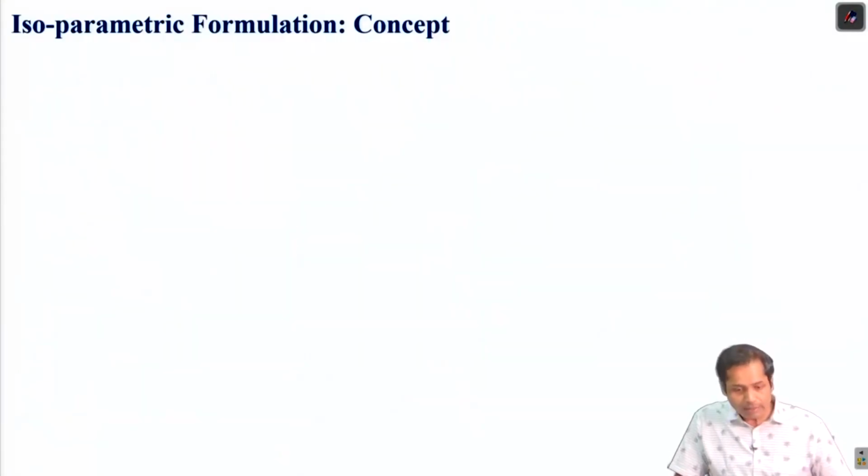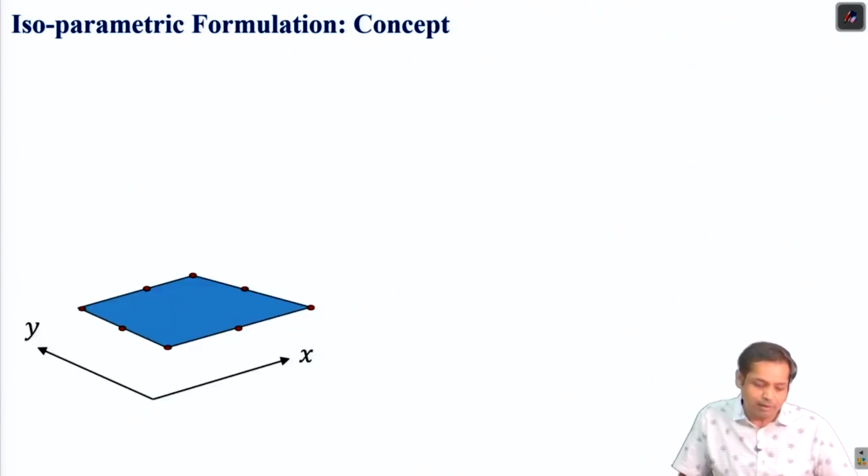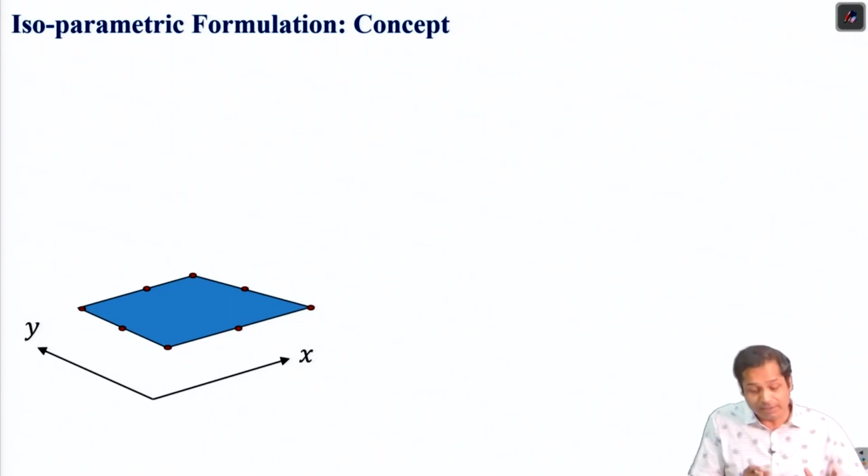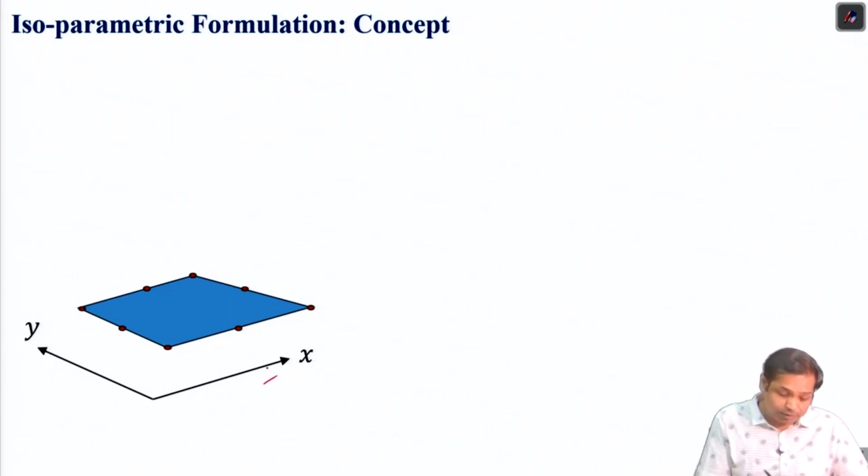Now let's understand the concept of isoparametric formulation. Suppose we have an element. Just for the demonstration, I am showing you an 8-noded quadrilateral element, but the idea is the same for any other element as well. So this element is with respect to its physical coordinate system, the xy coordinate system.